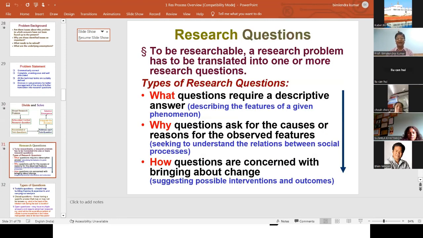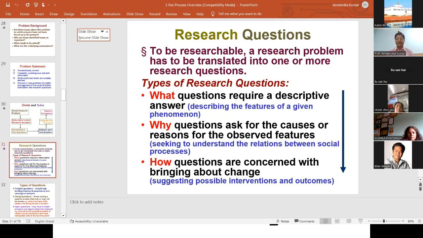Let us see how the main research problem can be framed. There is an example through which we can understand how a research problem can be initiated with some questions. So let us see what the types of research questions are.